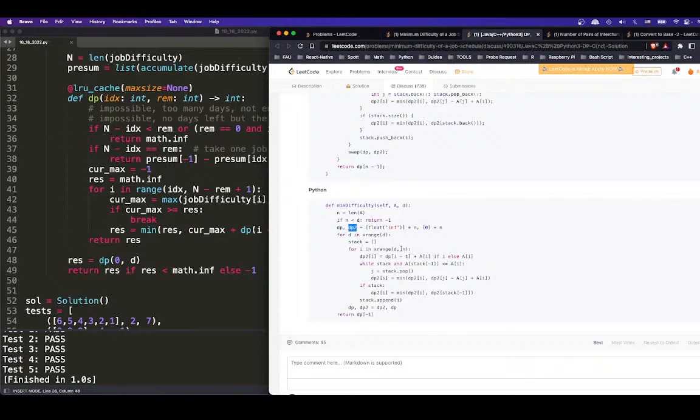Like on the first day, I want to know the minimum difficulty of complete jobs, this, right? And on the second day, I want to find a minimum difficulty to complete jobs from this towards the end.